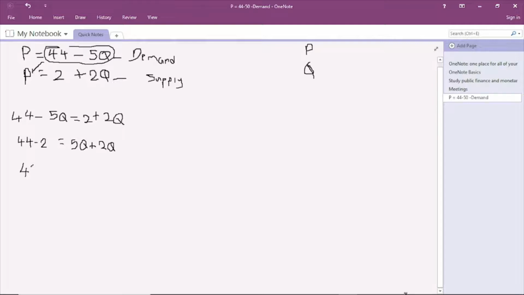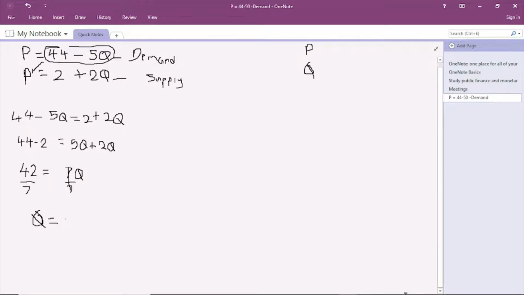42 equals 7Q. Then you divide both sides by 7, and that's Q. And then 42 divided by 7, you'll get 8.